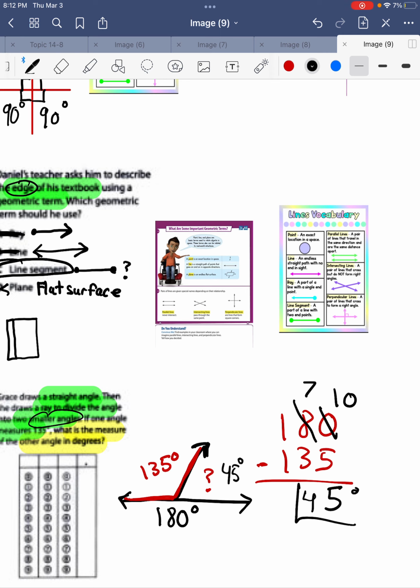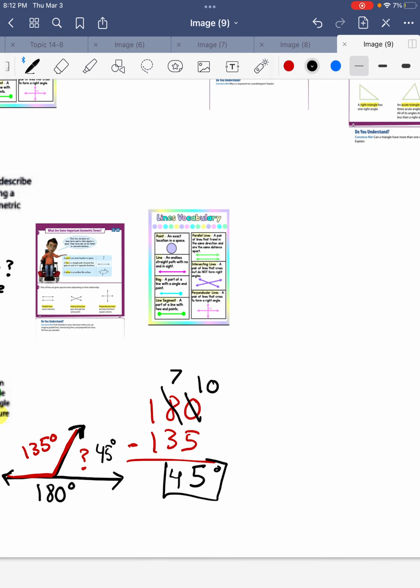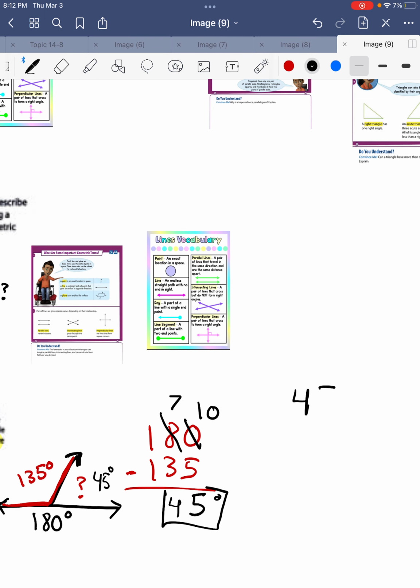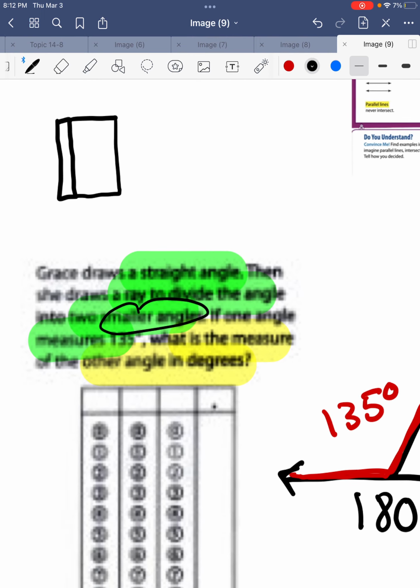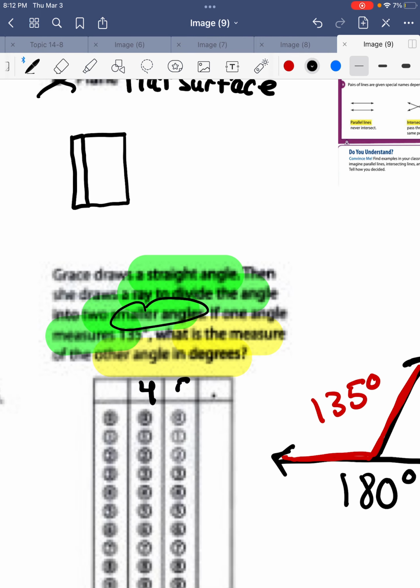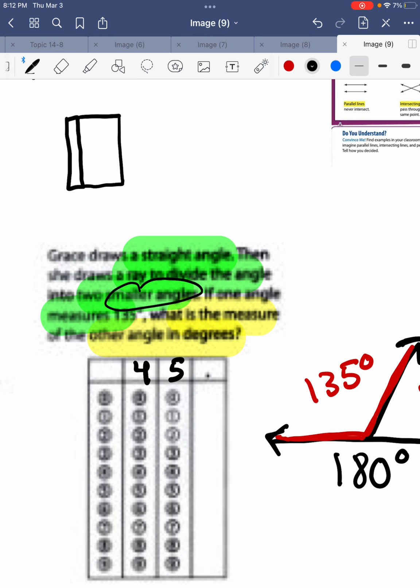To double check, 45 plus 135 should give me 180. 5 plus 5 is 10. 3 plus 4 is 7, plus 1 is 8. Bring down my 1, I get 180. So my answer is 45 degrees. I cannot see the numbers here, but just know you have to bubble it in.